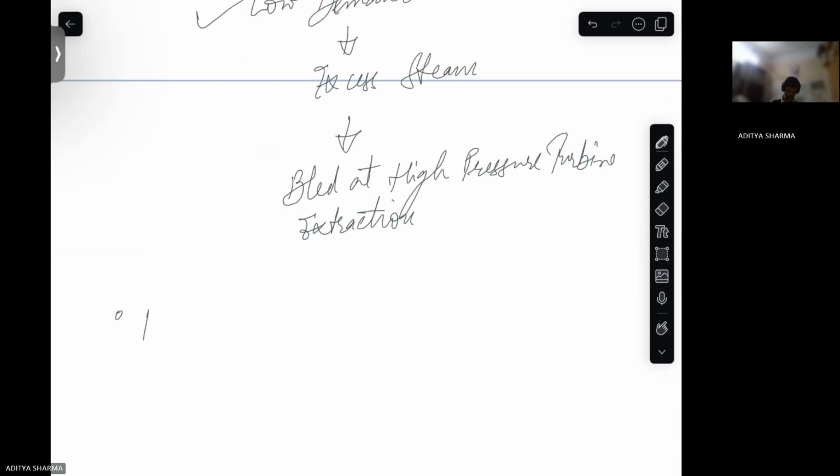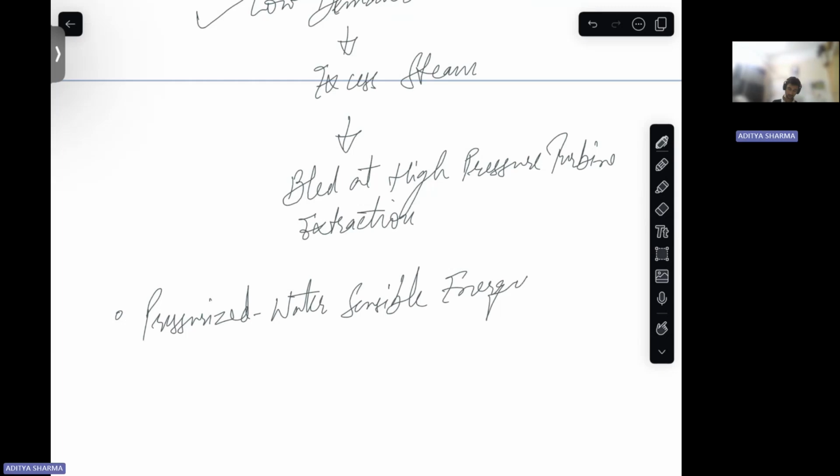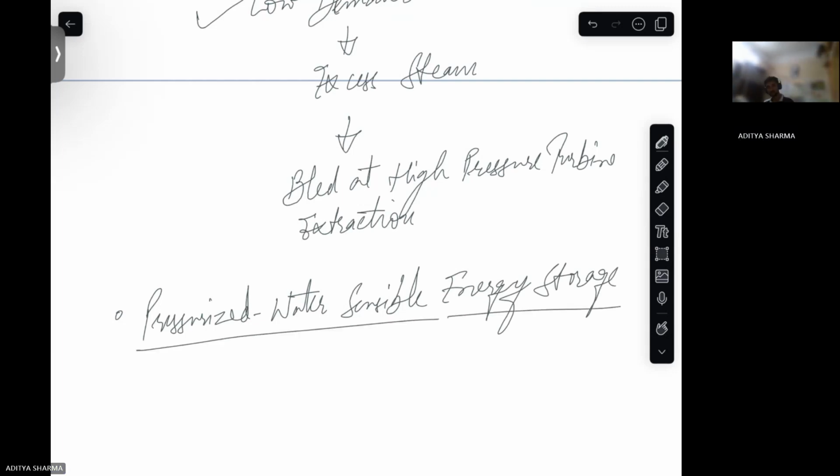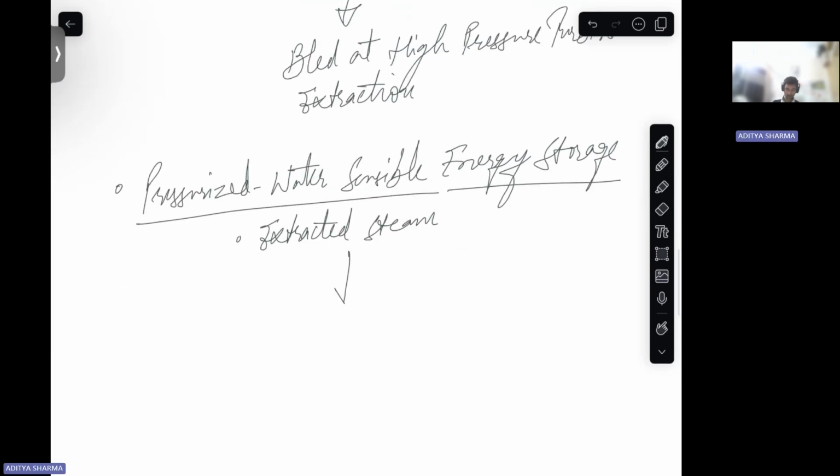So this comes in your pressurized water sensible energy storage. From here, what do you do to your extracted steam? Your extracted steam goes to your accumulators.